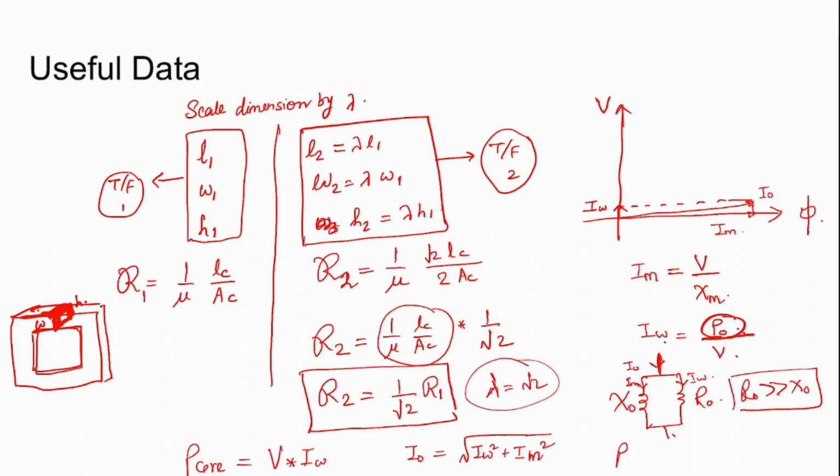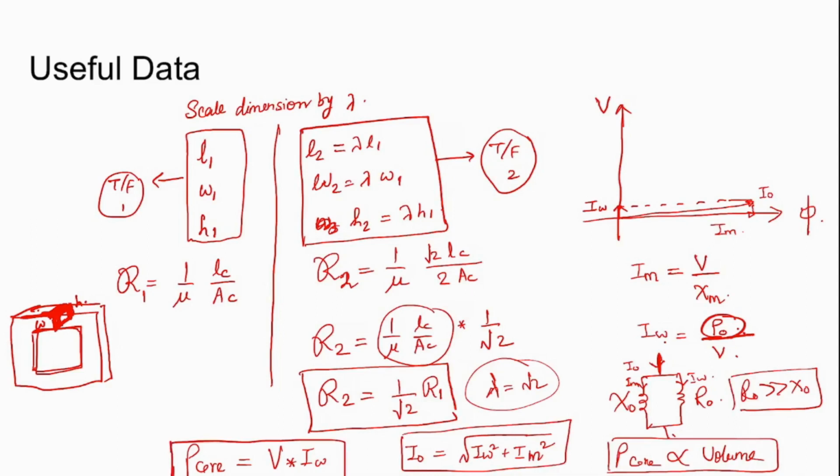Also remember, core loss is proportional to volume. So what is the volume? Volume of transformer 2 equals lambda cube times volume of transformer 1, because all the dimensions are scaled by lambda. So you get this concept. All this information will be applicable while doing this problem.